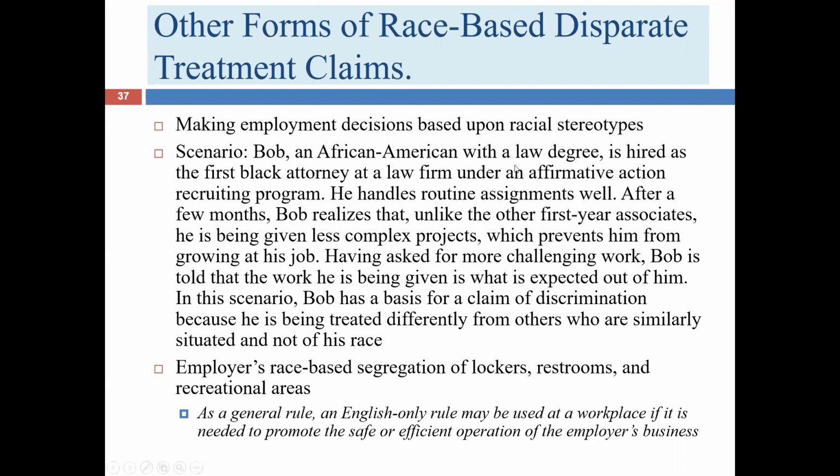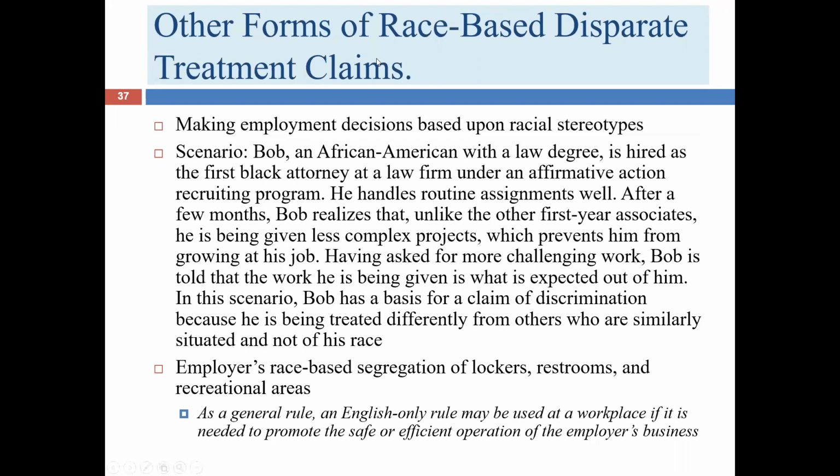Maybe the law firm has racial stereotypes. Well, it's fine for us to have an African American attorney, but we want him to be behind the scenes. Maybe we want him for our brochure, so we appear to be progressive, but we don't really want to give him real work because we don't think African American attorneys can be as good as Caucasian attorneys. That type of offensive racial stereotype, whether it's conscious or unconscious, would be discriminatory.